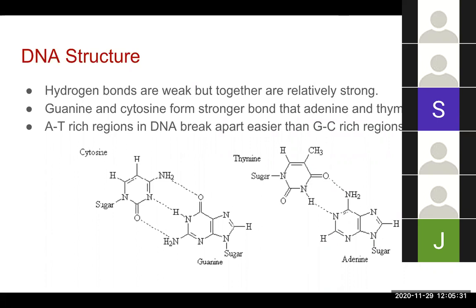Based on these bonds, some base pairing will be stronger than others. Guanine and cytosine will form stronger bonds than adenine and thymine because they have 3 bonds. And regions in your DNA that are A and T rich will break apart easier than G and C rich regions.